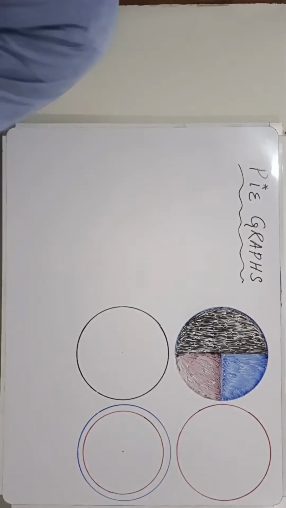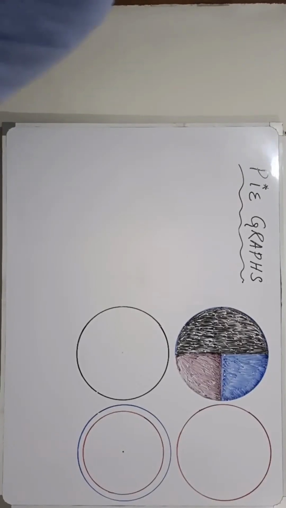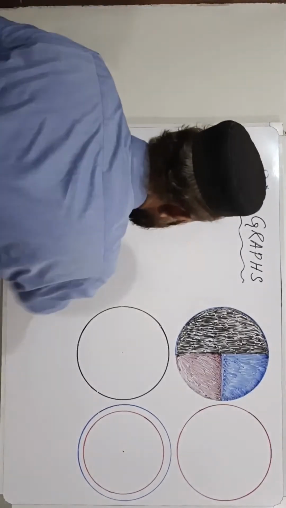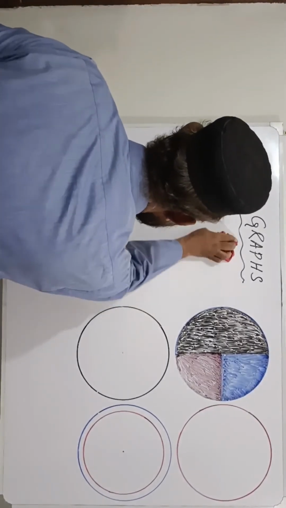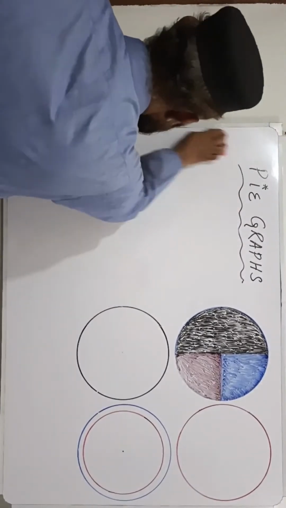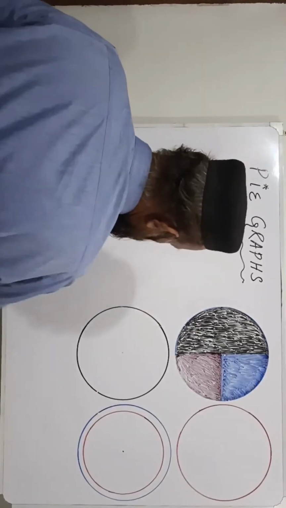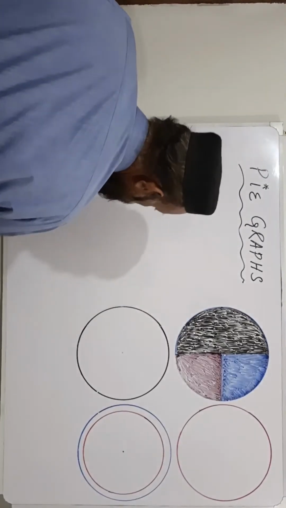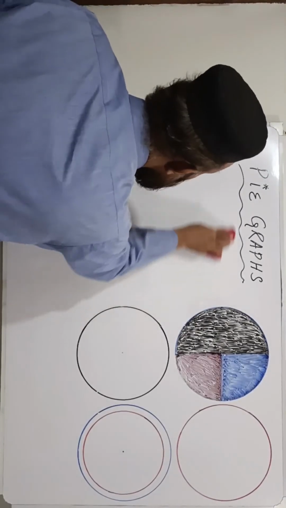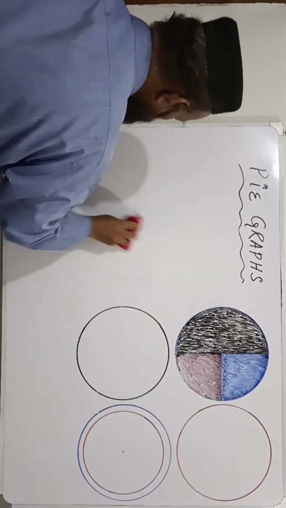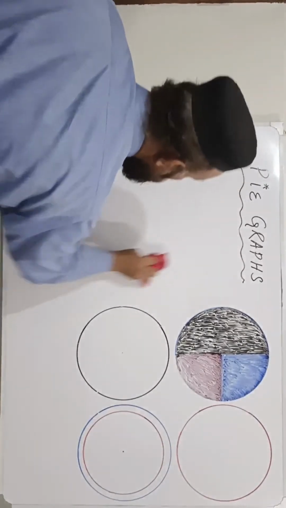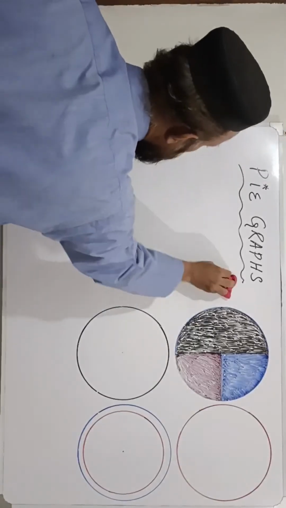And what's that graph? Pick any 5 subjects from your class. Say physics, maths, chemistry, zoology, and statistics.